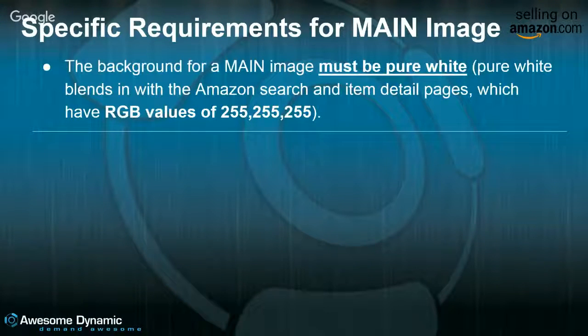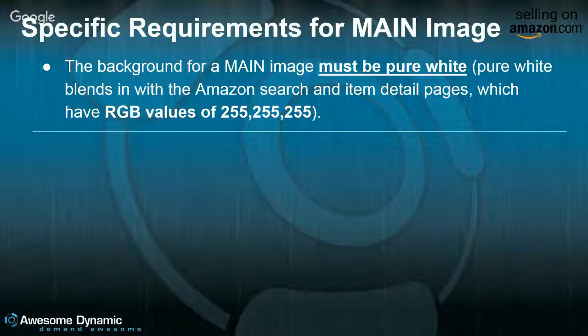The background of the main image must be pure white, and what that means is that it must have an RGB value of 255, 255, 255. The reason for this is because all of Amazon is a pure white background. Whether you look at the product on your search results page or on the listing page, you're surrounded by whites.